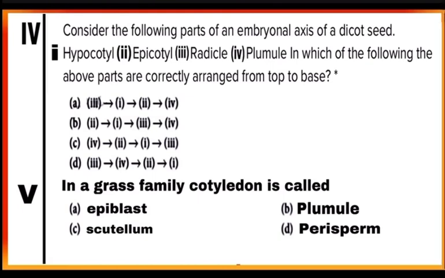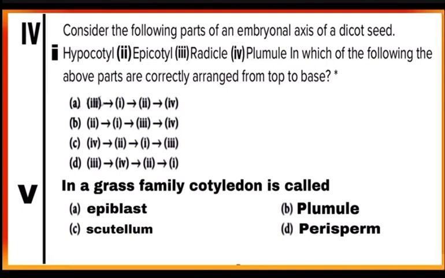In option C, the parts given are correctly arranged from top to base. Number 4, plumule is at the top. Number 2, epicotyle is next to plumule. Then number 1, hypocotyle, and at the base is the number 3, radicle. So, mark C as a correct answer.